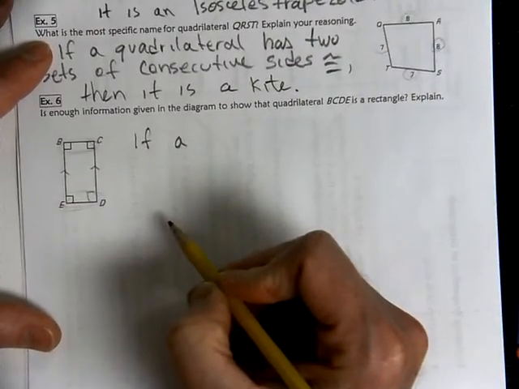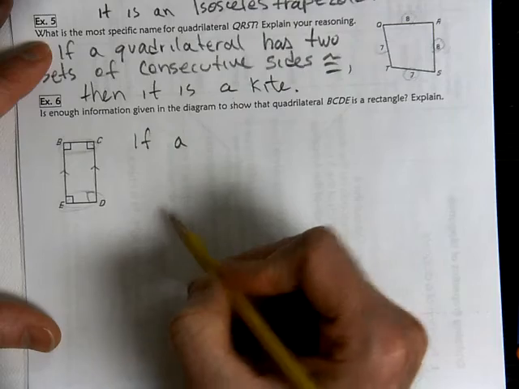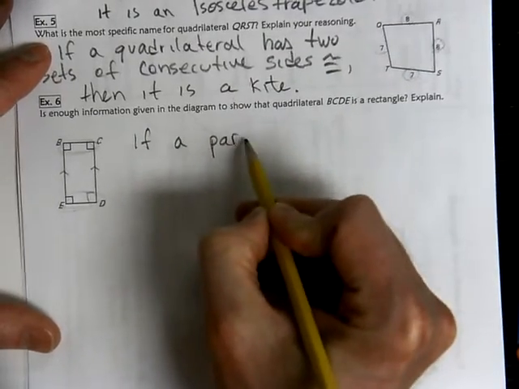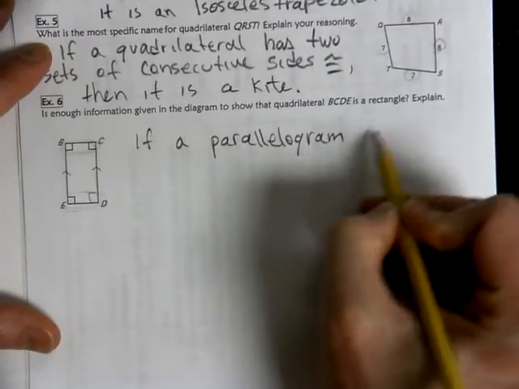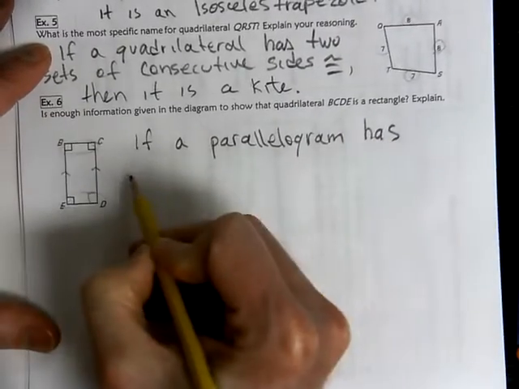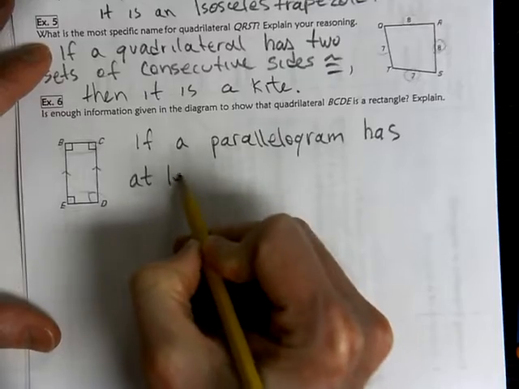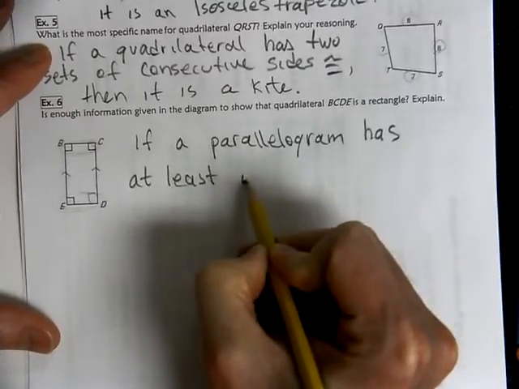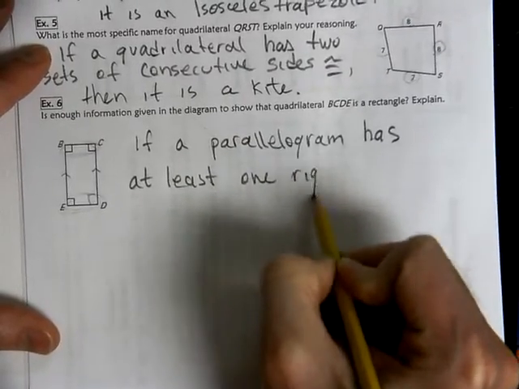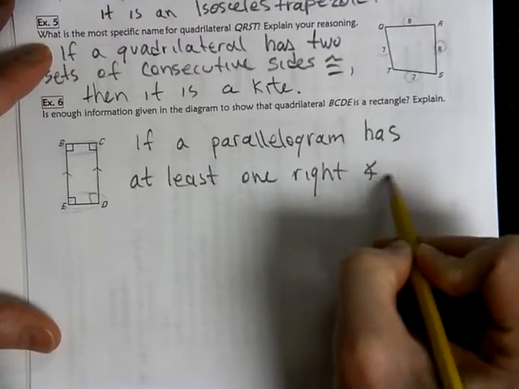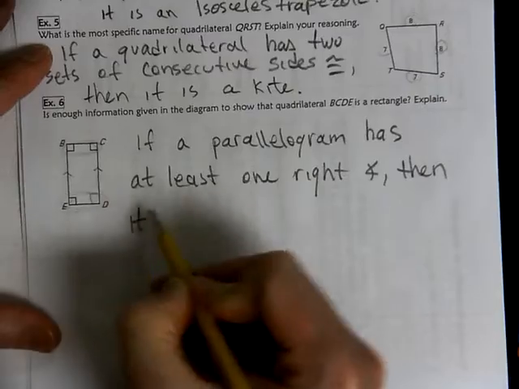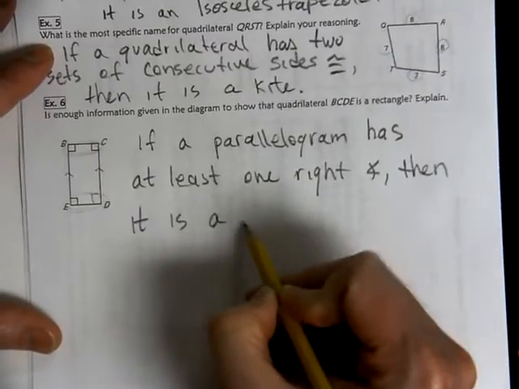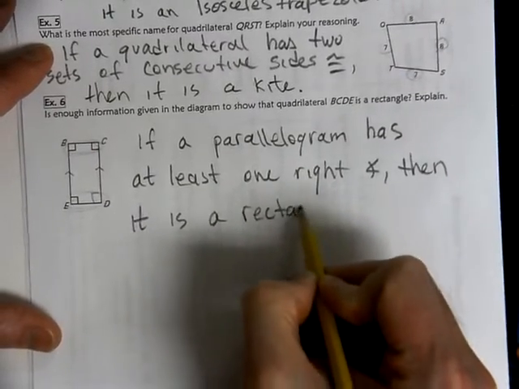If a parallelogram has at least one right angle, then it is a rectangle.